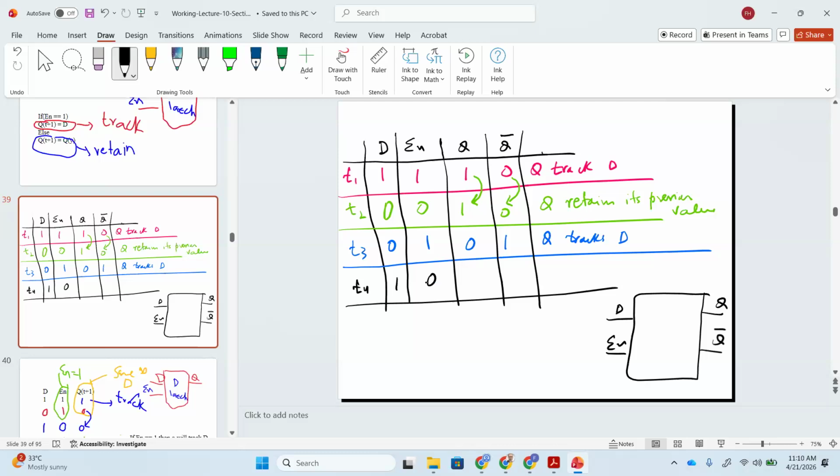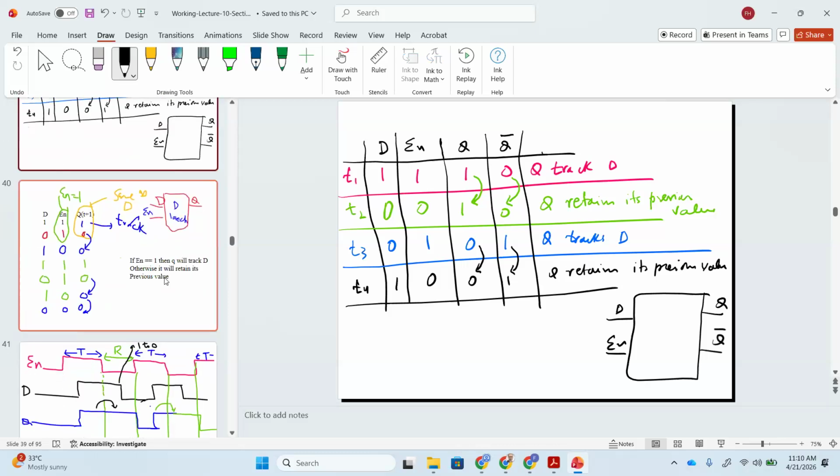What will be the value of q? Now enable is equal to 0. So basically it will retain its previous value 0, and then q bar will be 1. So q retains its previous value. Any question?